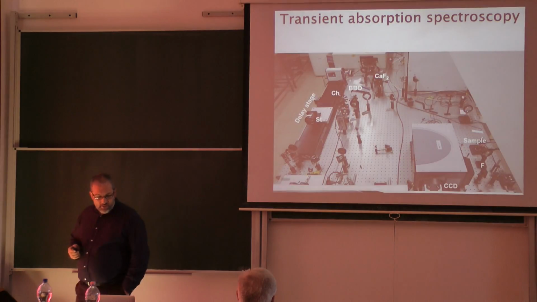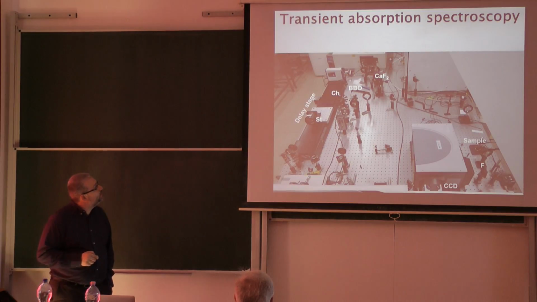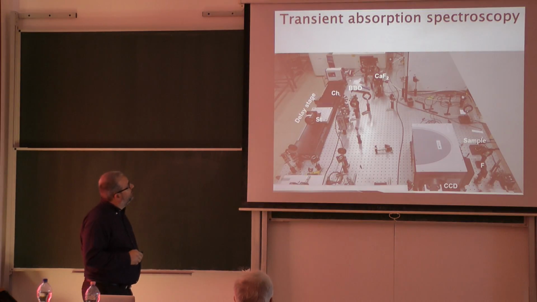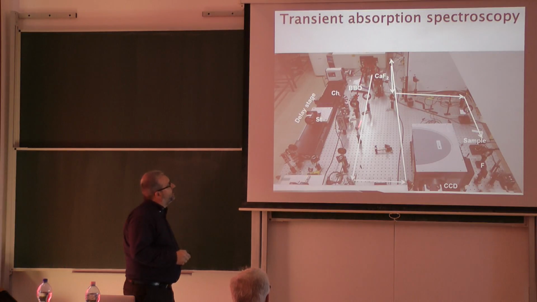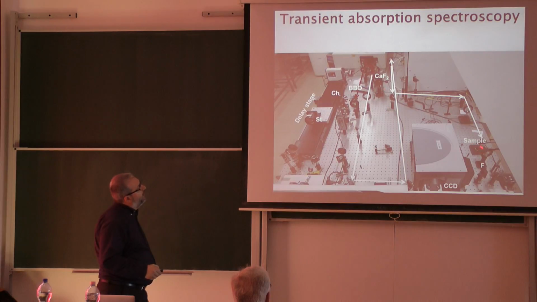spectra. Now, this is our system at work at the University of Pécs, and this is of course our delay stage. This is the amplifier where the beam comes from. So you can see this is red, and it will be red until the first BBO. After the first BBO it will be a blue beam already, and the white beam actually, this is the so-called white light continuum.